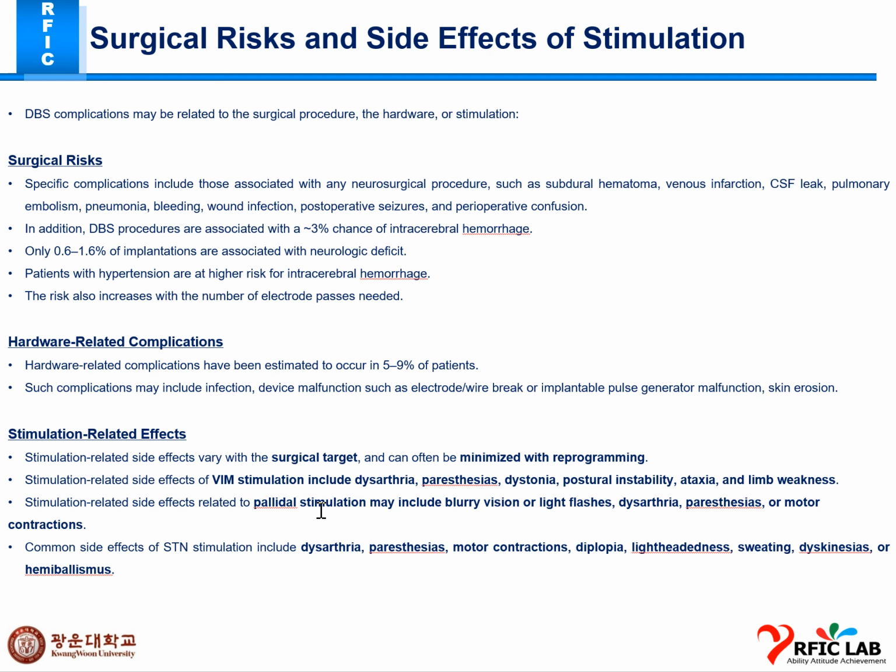In addition, DBS procedures are associated with approximately a 3% chance of intracerebral hemorrhage, and patients with hypertension are at higher risk. The risk also increases with the number of electrode paths needed.